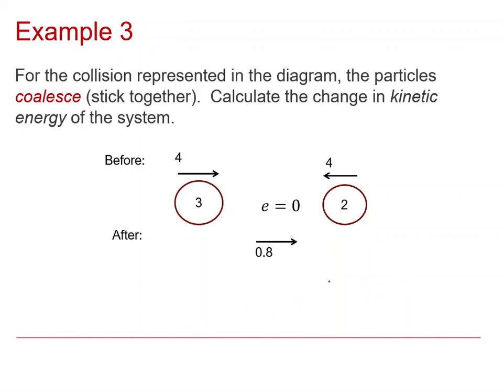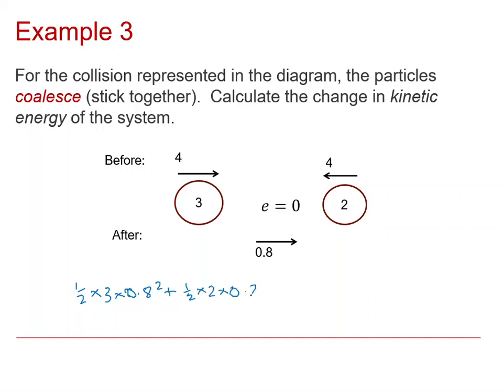Now a final example, and this time we have a case of coalescence. So once more, the change in kinetic energy will be the final kinetic energy, half times 3 times 0.8 squared, and it will have also a half times 2 times 0.8 squared.